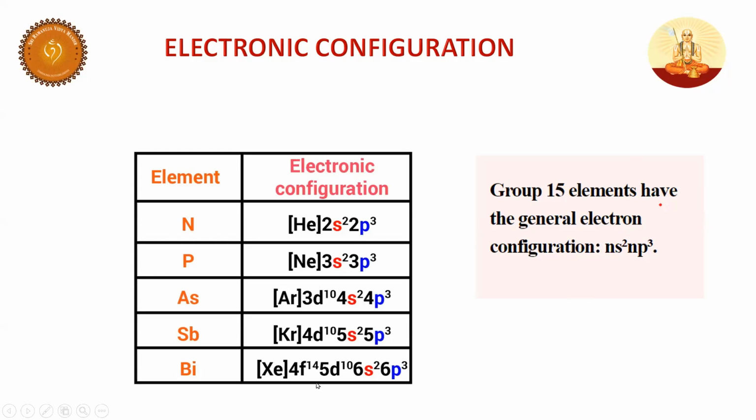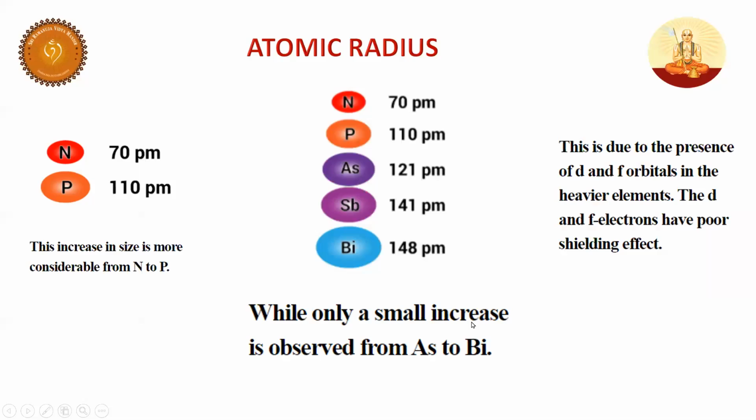Because of this half-filled configuration, it is difficult to remove the outermost electron, and thereby you can expect a high IP. They are all 2p3, 3p3, 4p3, 5p3, and 6p3. So the electronic configuration is half-filled in this case.